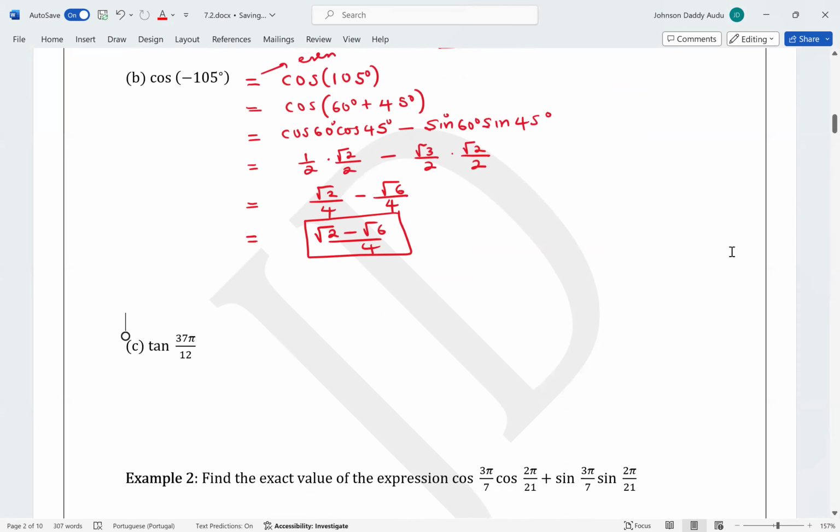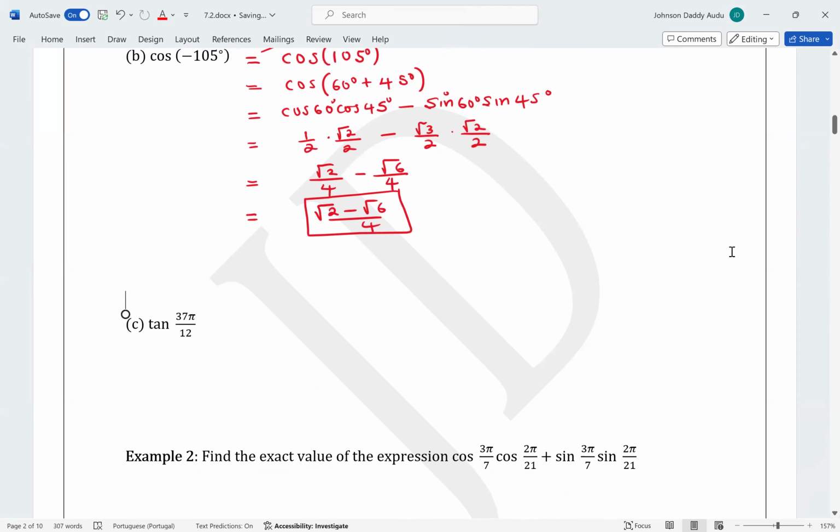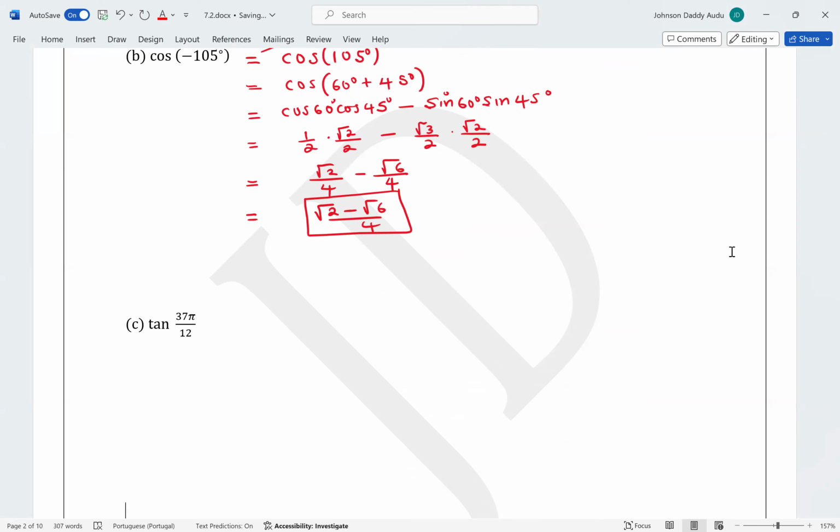Now, number 3 has to do with tan, and what we have is tan of 37 pi over 12. The first thing is that this number is bigger than 2 pi. So first of all, we need to find the coterminal angle.